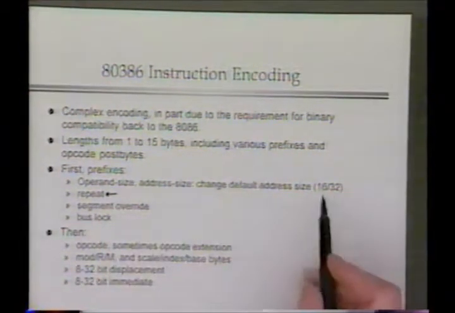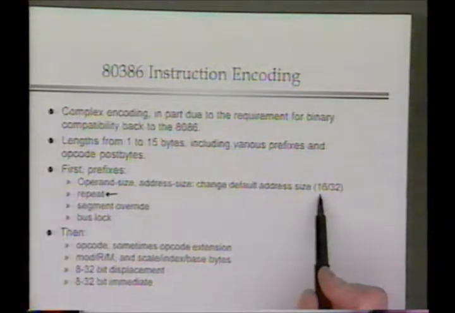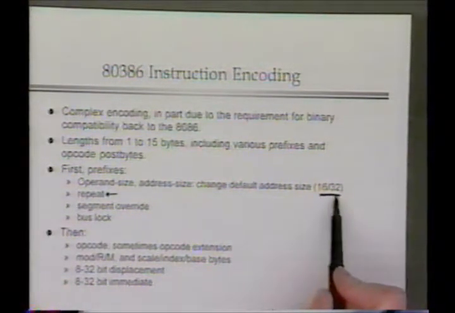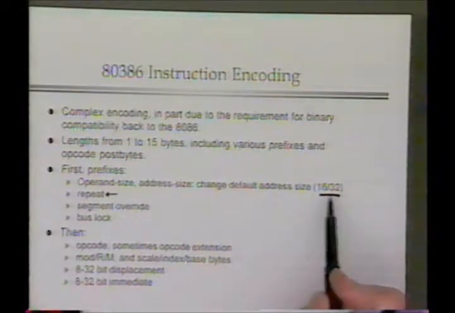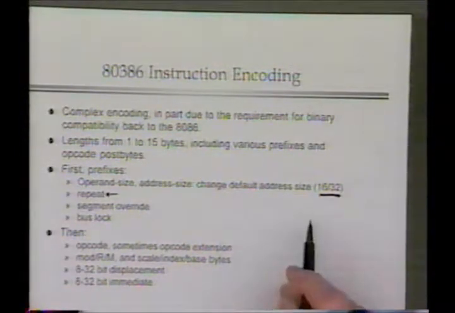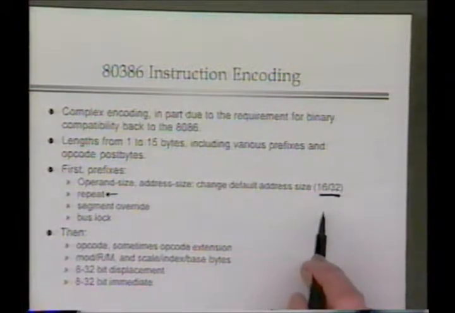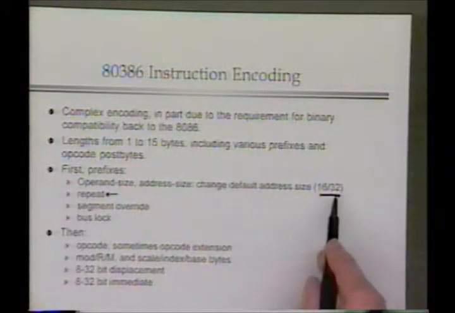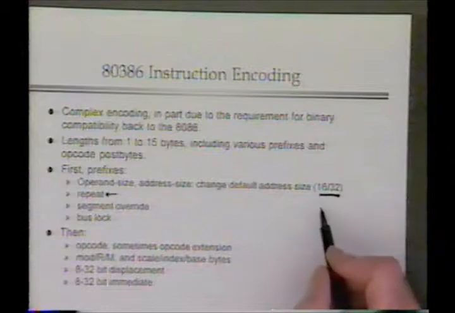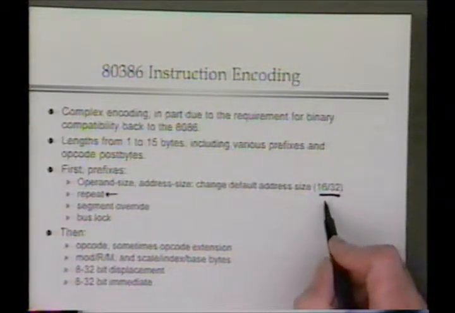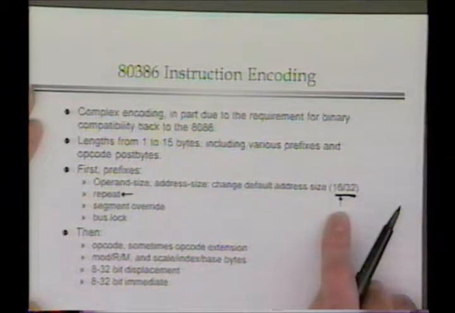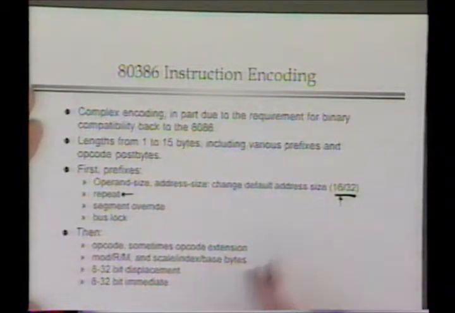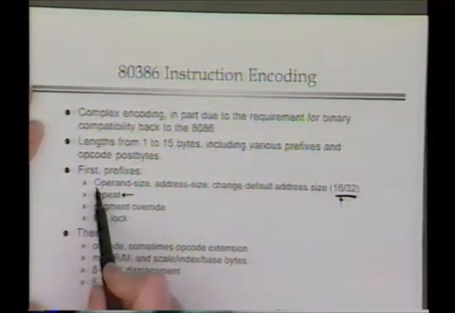Remember that I said that in the 386, segment offsets can either be 16 bits or 32 bits, depending on what the segment descriptor says about it. Well, sometimes that's not convenient. Sometimes you want to, in a 32-bit segment, encode a 16-bit operand or a 16-bit address offset. Well, they allow you to do that, and the way they allow you to do that is to have two different prefixes.